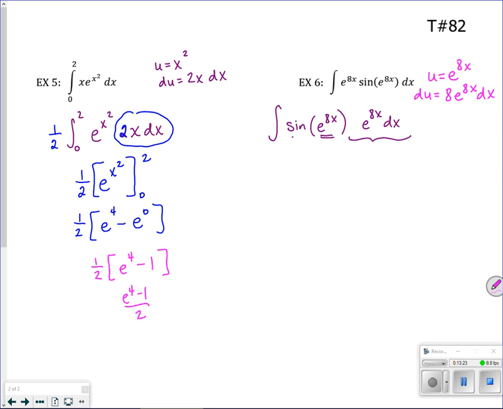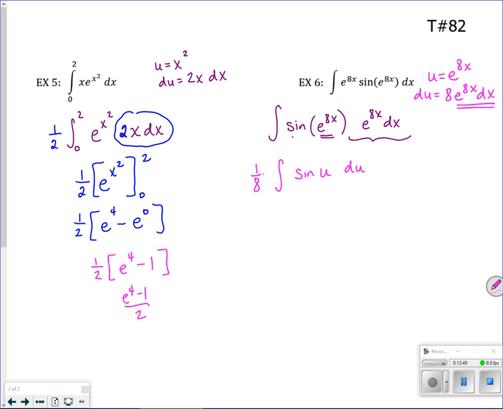So look, I'm kind of doing this the true u sub way. I have the sine of u, and this e to the 8x dx, if I solved for that, wouldn't that be du over 8? So I would have 1/8 du.